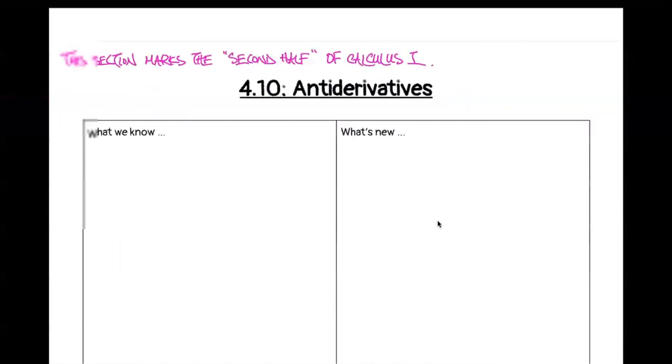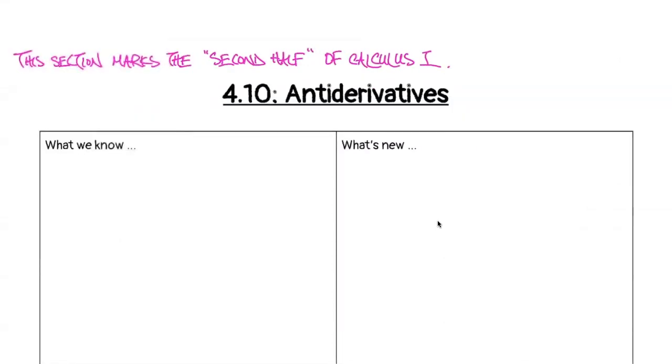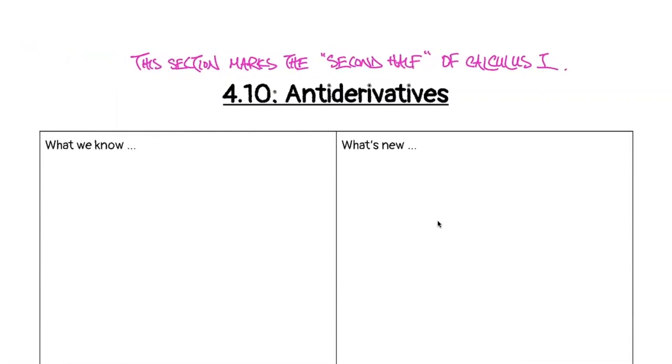Okay, so antiderivatives marks the second half of Calc 1. All right, and in particular, what we're going to be doing is figuring out, well, we know how to find all these derivatives. How the heck do we go backwards?